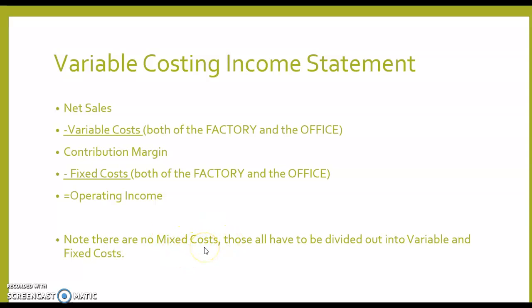If you have any mixed costs, those have to be made into variable and fixed before you do your contribution margin income statement. You need to take the mixed costs and divide those out into variable and fixed. We talked about that in previous PowerPoints, how to do that using the high-low method. If you want a quick and dirty method, we can use regression analysis on Excel.